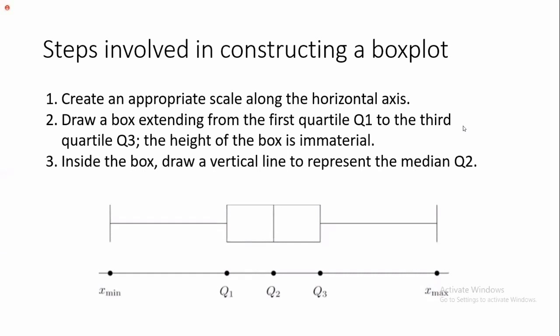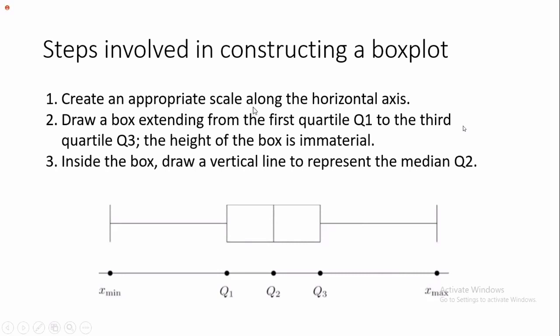Actually, before constructing a box plot, there are 5 measures that we should know about the distribution. First one is minimum value, and the maximum value. And those 3 measures called quartiles, Q1, Q2, Q3. You know how to find these measures for a data list. Therefore, if we want to construct a box plot, first we need to create an appropriate scale along the horizontal x-axis.